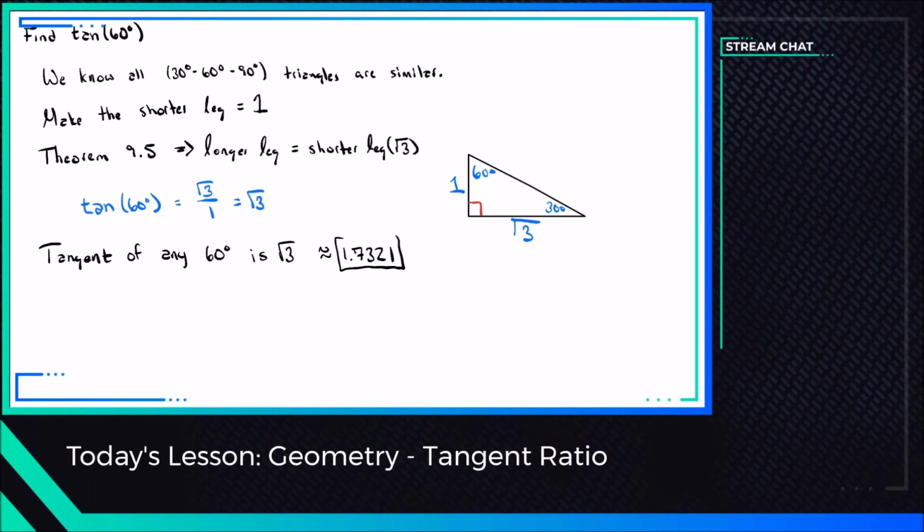All right, so that's a nice fact to know that the tangent of 60 degrees, no matter what, is equal to 1.7321.